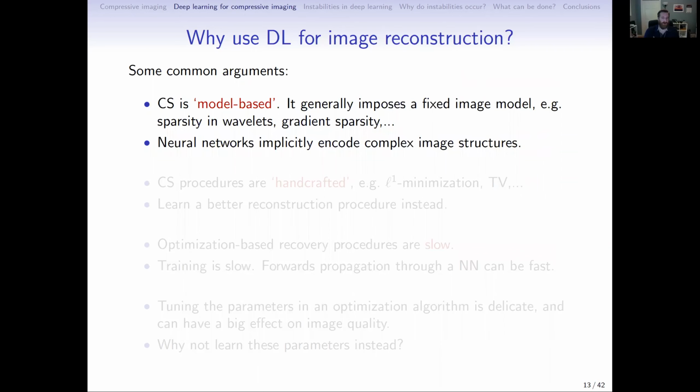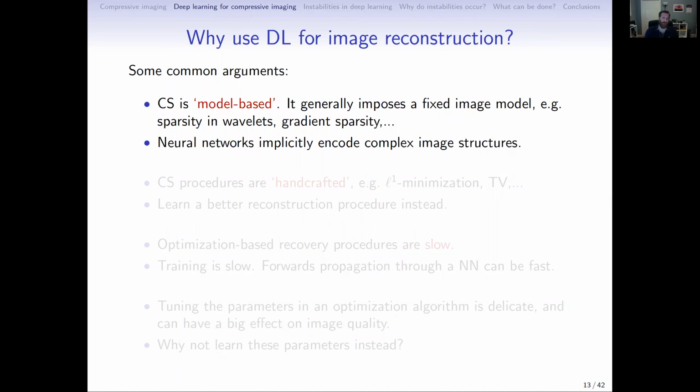One of the limitations of compressed sensing is that it's often described as a model-based approach. What is meant by that is that one is imposing a fixed image model, so sparsity in wavelets or sparsity in gradient or something like that. On the other hand, we know from classification that neural networks can implicitly encode complex image structures.